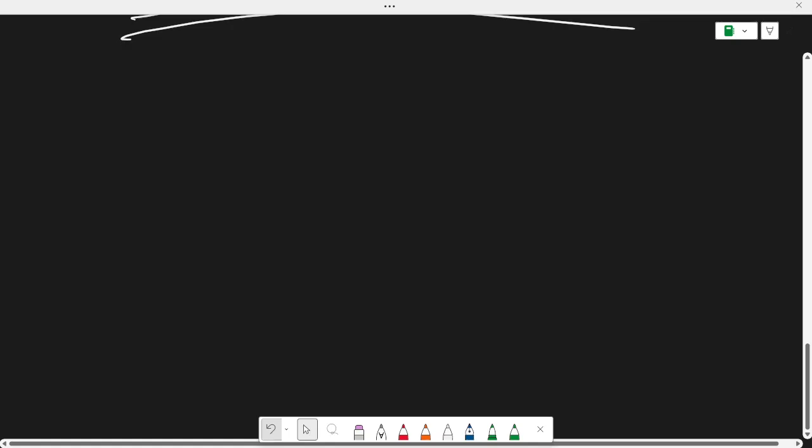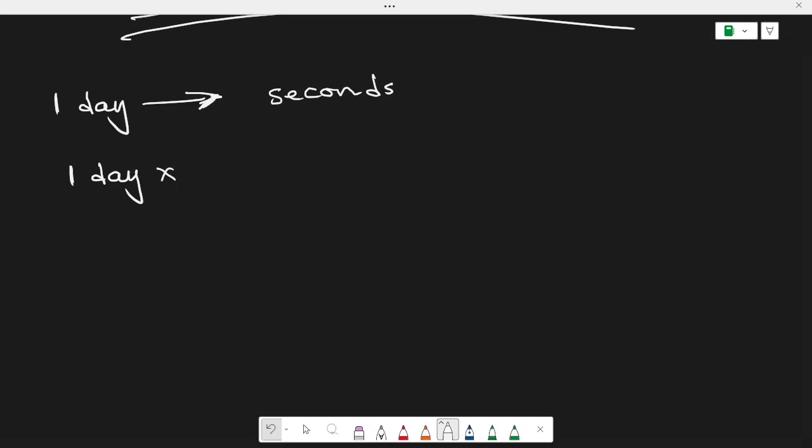What if you are asked to convert 1 day to seconds? So you have 1 day times. Now what's the conversion factor? What conversion factors should follow? Well, you can't just move on to seconds directly like that.